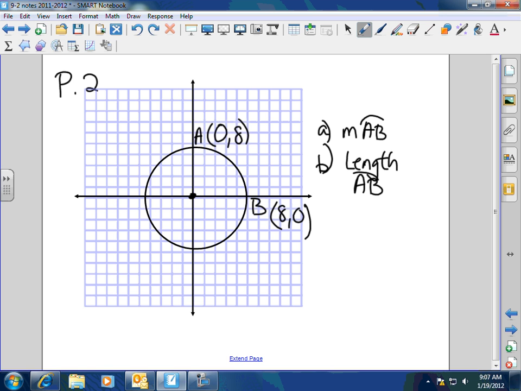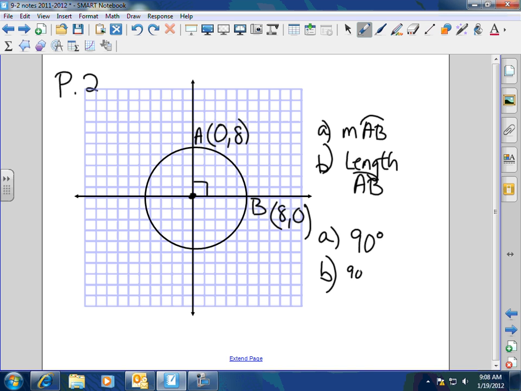What would A be? What would the measure of arc AB be? 90, guys. Yeah, this is the x-axis and the y-axis, so that's a 90. Central angle is equal to the arc that it's opposite to, so that's 90 degrees. You're done. What is the arc length?